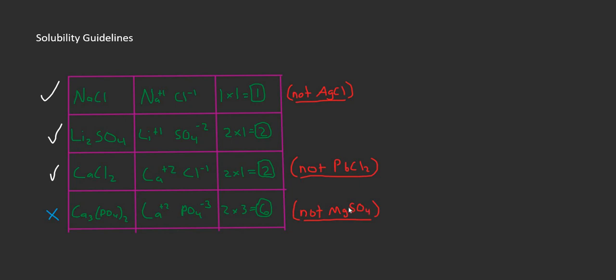An exception to this would be magnesium sulfate, which has a +2 and a -2, so it equals 4 when you multiply them. Magnesium sulfate is generally soluble.